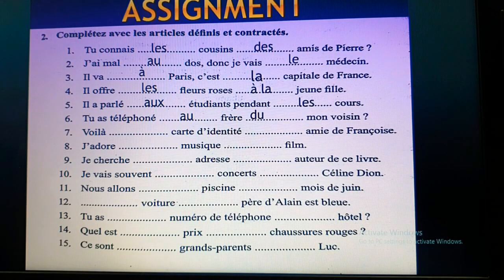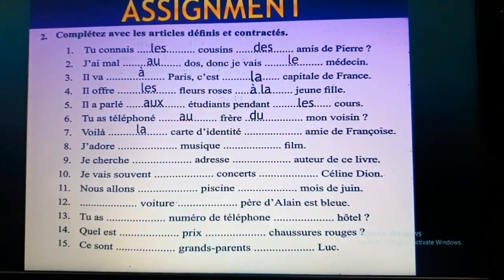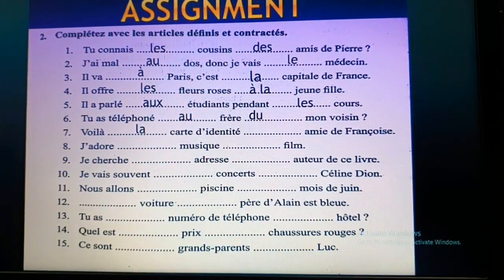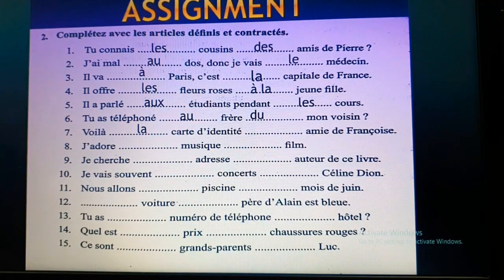Yes. Voila dash carte d'identité. So ID card dash ami de François. So François' friend's identity card. So what will come here? It will be la carte d'identité. Which card? We know it, identity card. Could be Aadhaar card, could be the driving license, could be PAN number, whatever it may be.